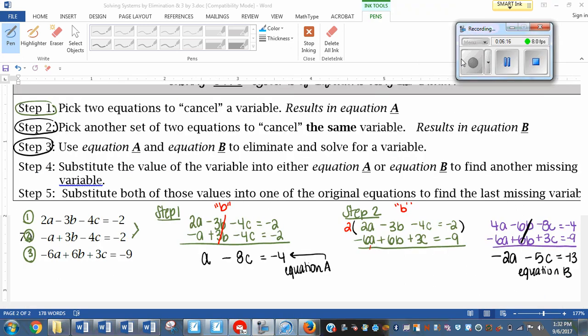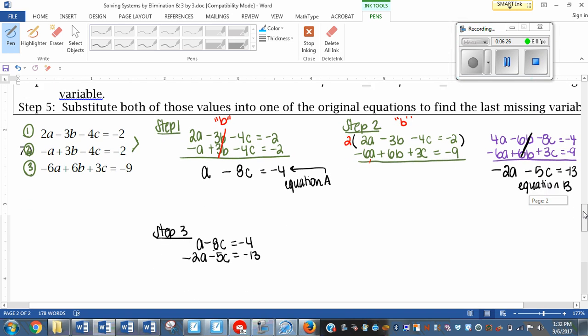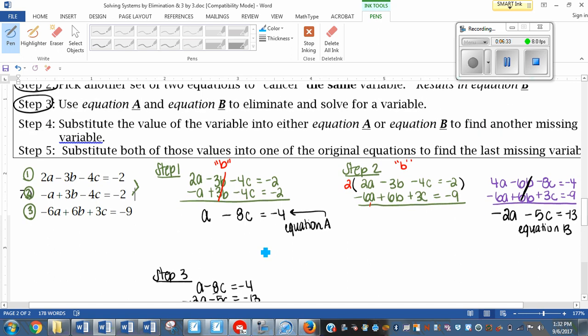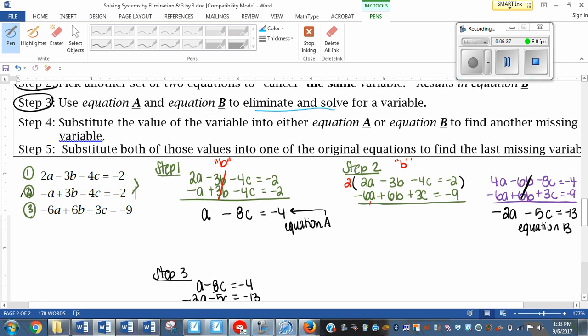Okay, so now we are currently on step 3, where, like I said before, we are taking those black equations, equation A and equation B I was calling them, and I stacked them one on top of the other. Our goal in step 3, as it says, is we're going to eliminate another variable and then solve.